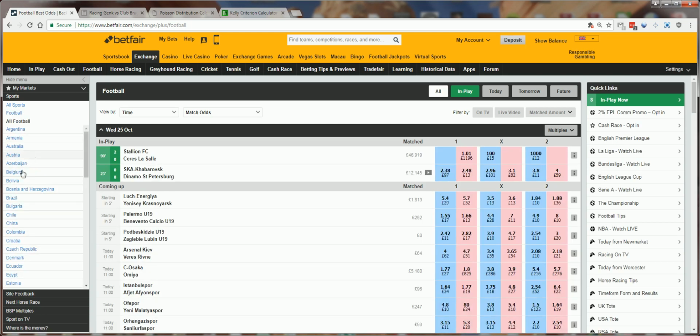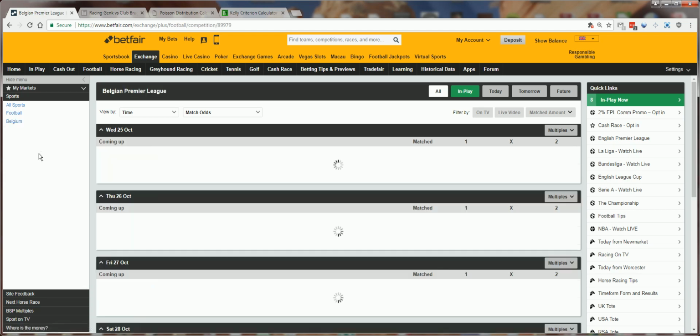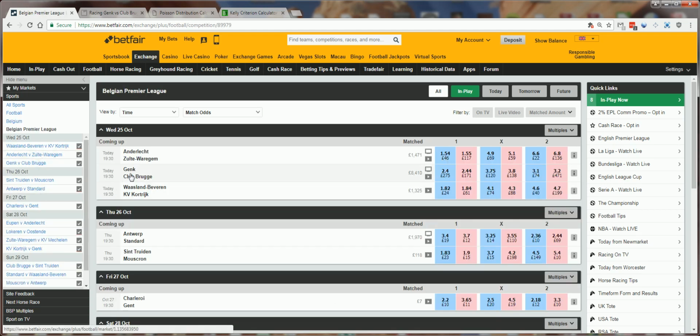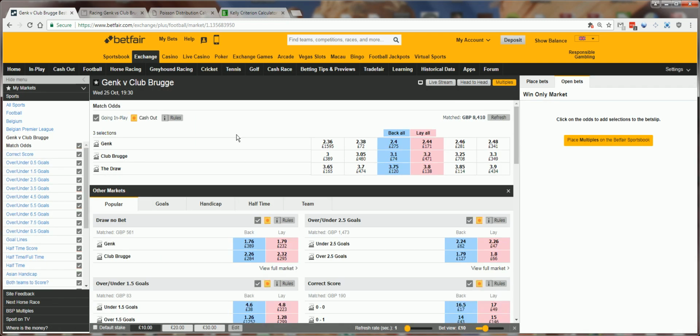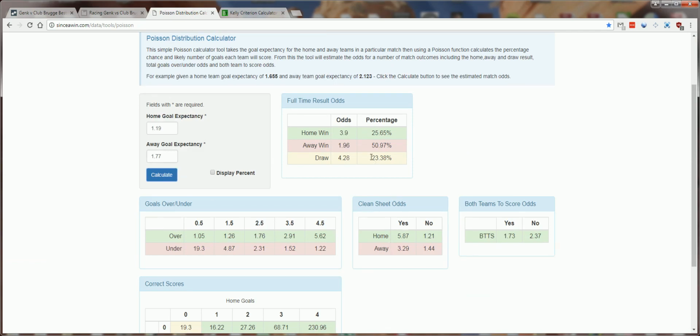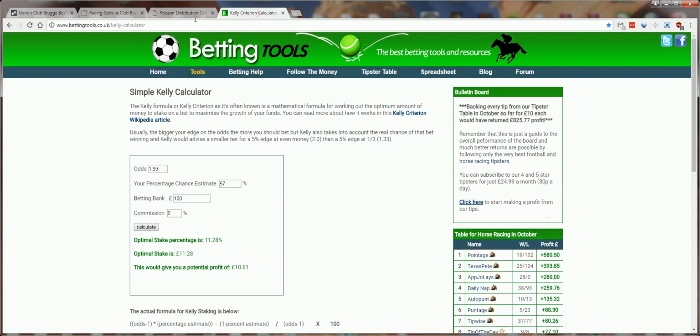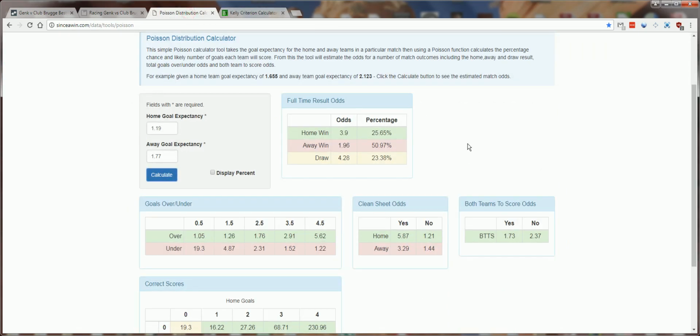We'll find Belgium, find the Premier League, and have a little look at the Club Bruges game. What? Absolute insanity. Club Bruges are 3, when we know they should be odds on. That's madness. It's total madness, I tell you.